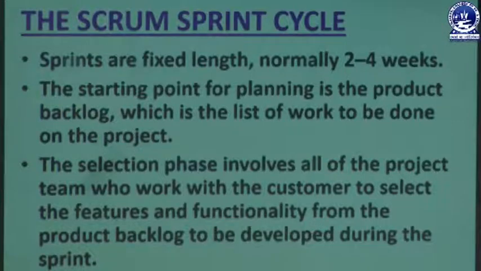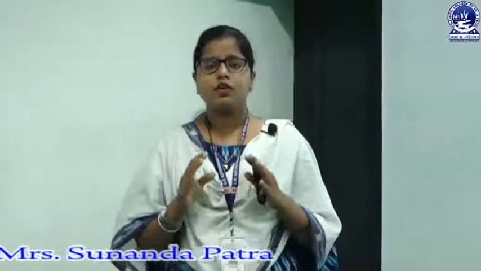We involve all the project team who work with the customer to select the features and functionality from the product backlog. So we have a product backlog, that means we have a to-do list. We know what to do next in the project. Then we will select a core team, the team who will interact with the customer.